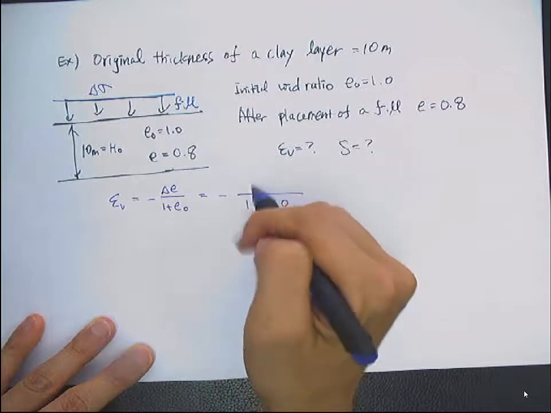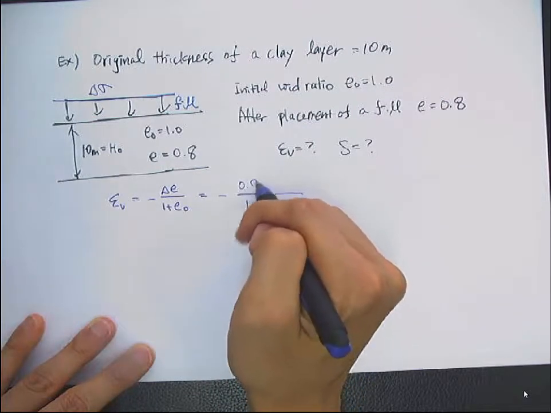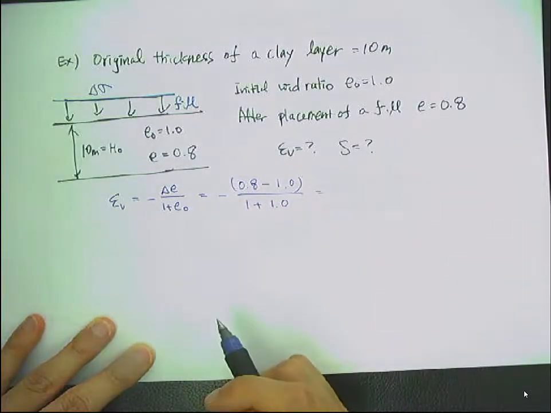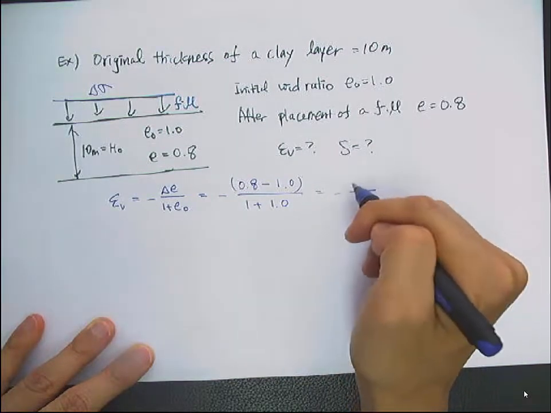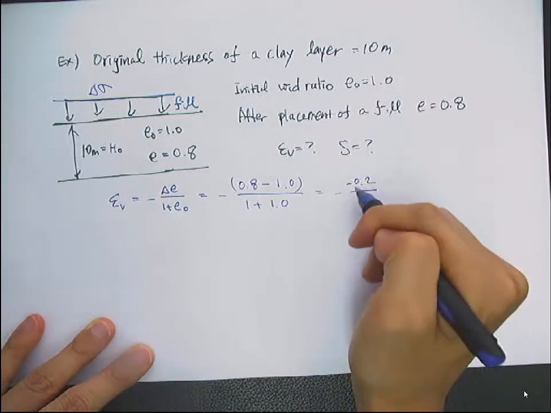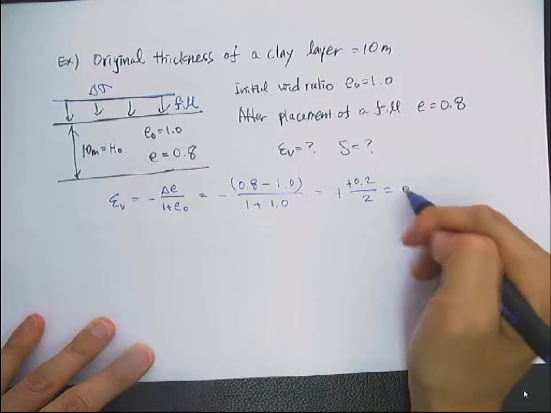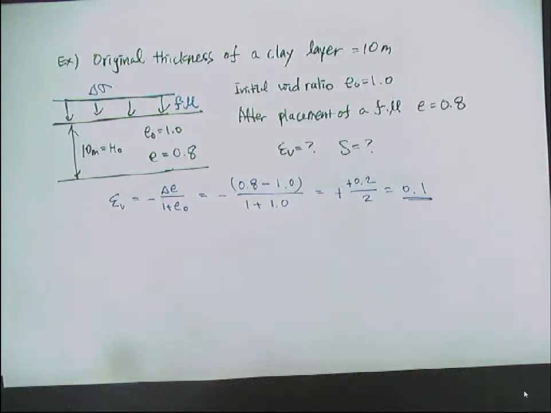And delta e is the final void ratio minus the initial void ratio, so 0.8 minus 1.0. So then, how much is it? Minus 0.2 over 2. The minus and minus becomes positive, so we have 0.1. So the volumetric strain is 0.1.